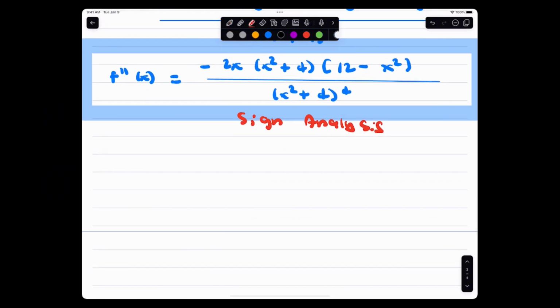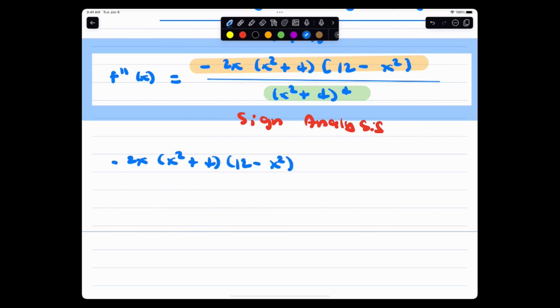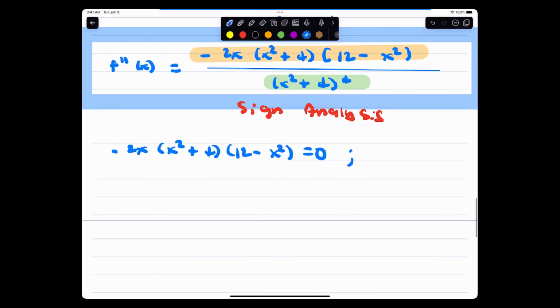And so again, by doing sign analysis, you want to set that numerator equal to 0 and that denominator equal to 0 because you have a rational function. So if you said that second derivative will be 0 where the 2x, x squared plus 4, 12 minus x squared will be 0, that is true.